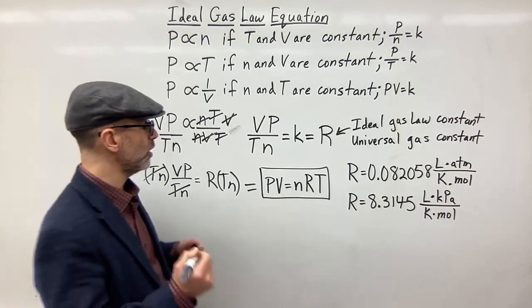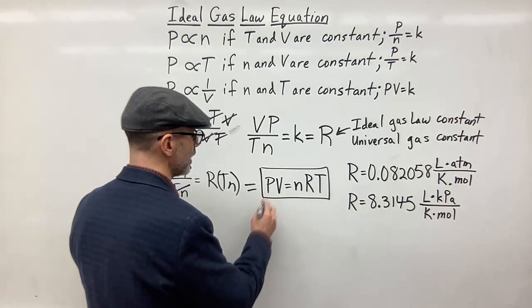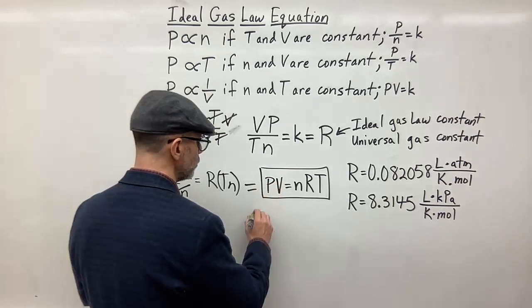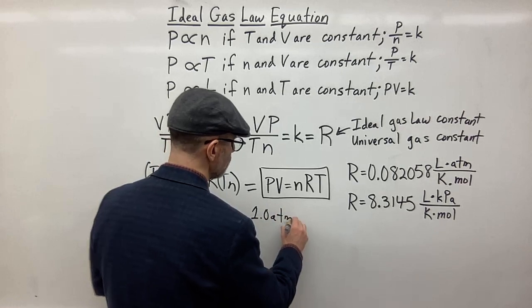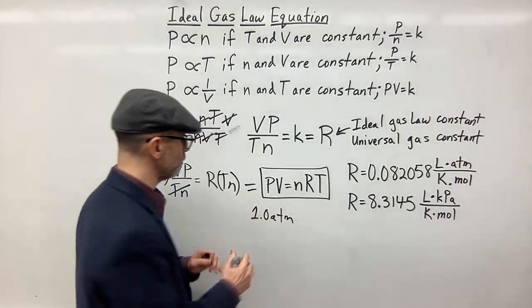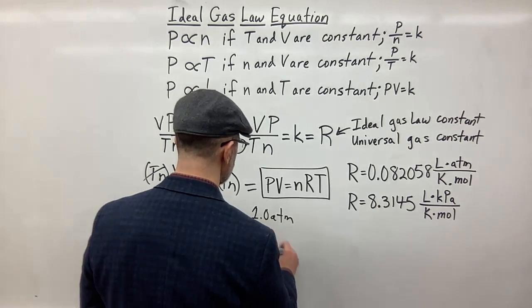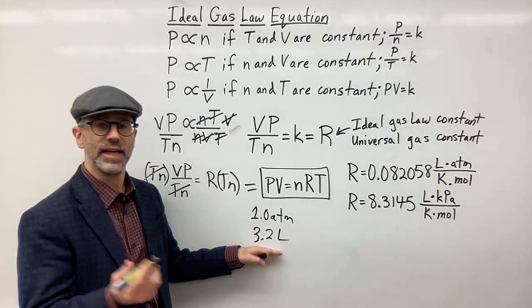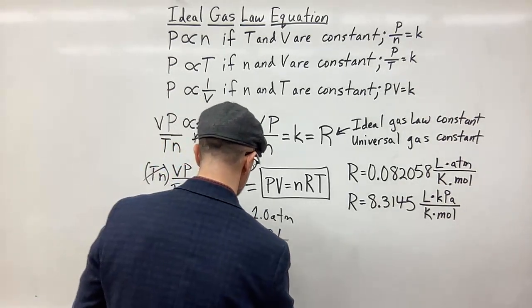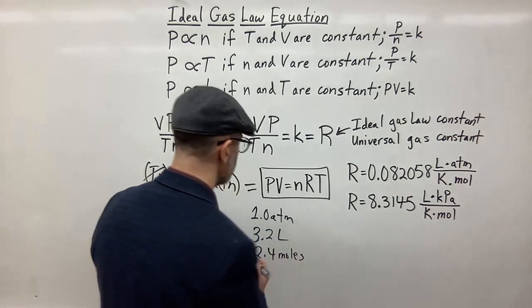So for example, in a problem, I give you a gas, and I give you the pressure. So the pressure's 1.0 atmospheres. And I say the volume of this gas is 3.2 liters. And then I say that the amount of gas is 2.4 moles, right?